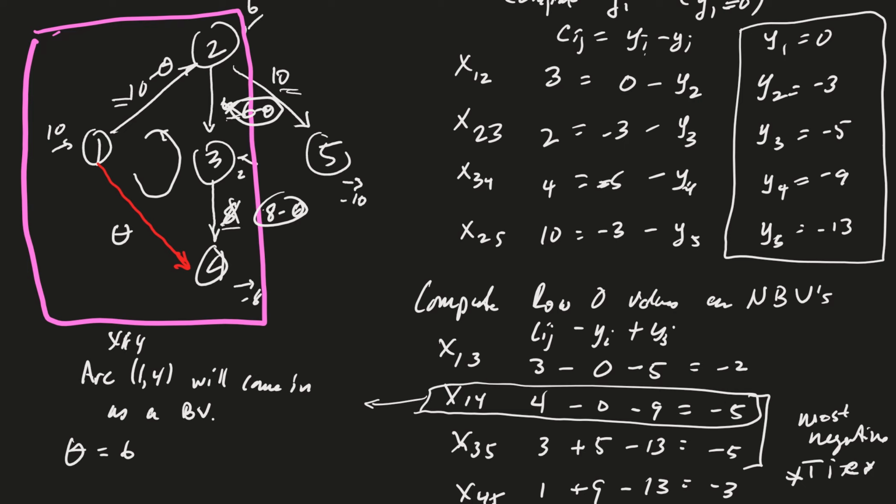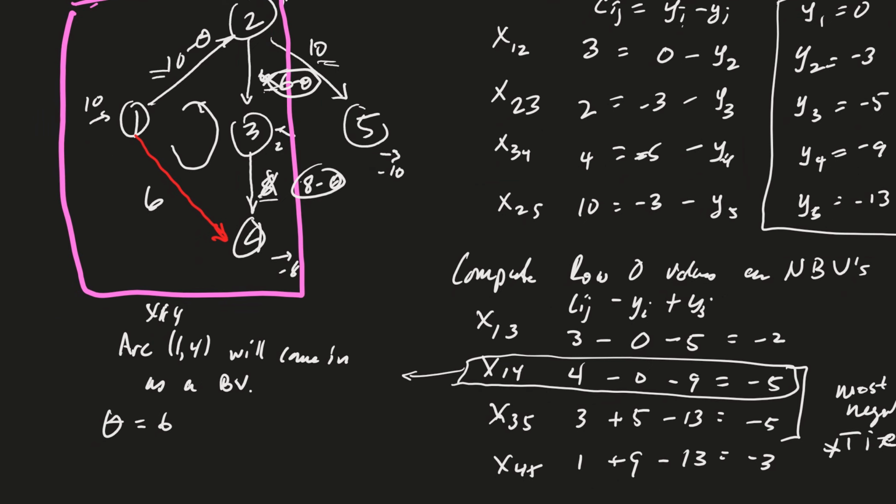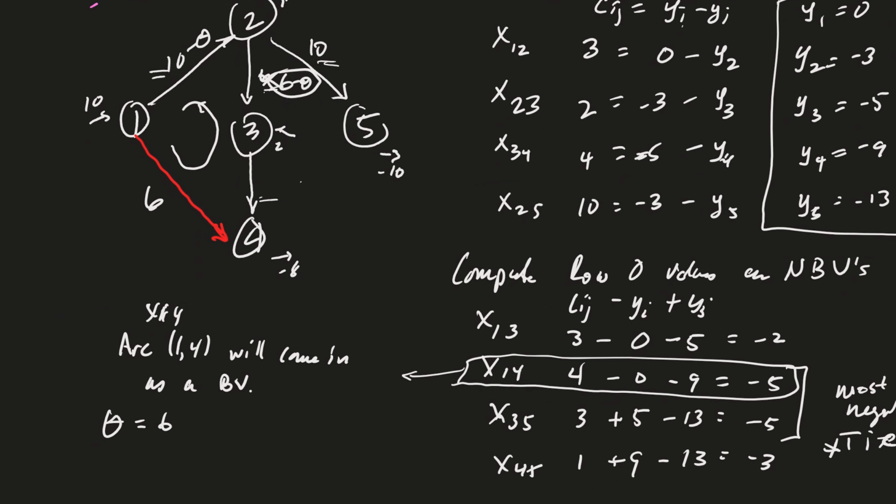In our edges, let me put the new values in here. This will be 6. This will be 8 minus 6, which is 2. Oop, the edge 4, 5 just went away. This 6 minus theta now goes away, right? And then 10 minus 6 becomes 4.